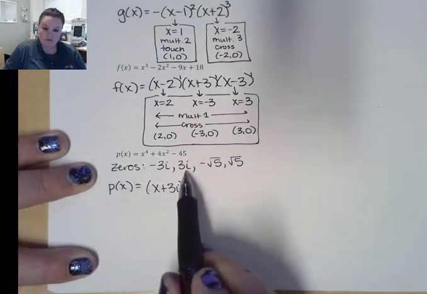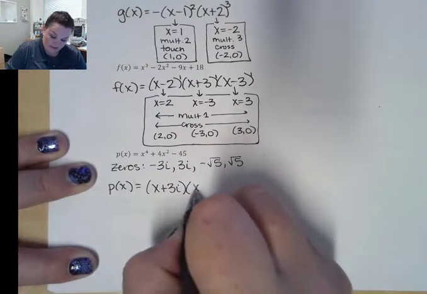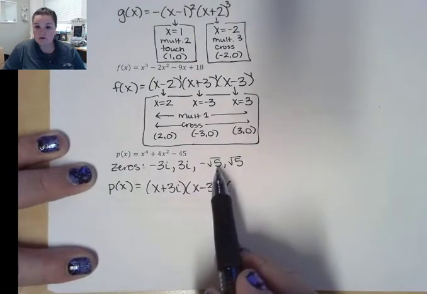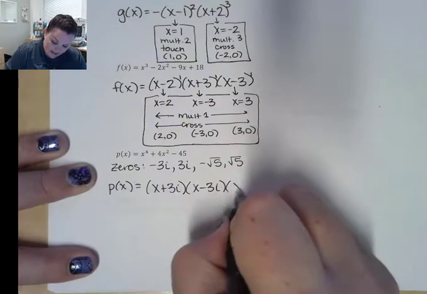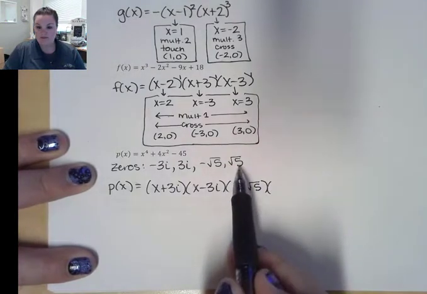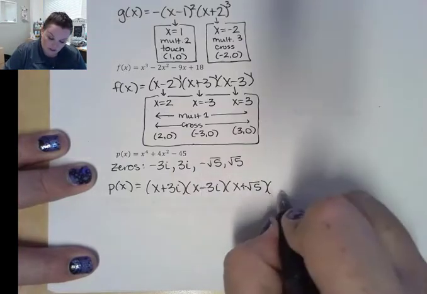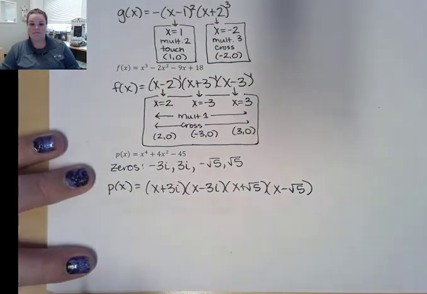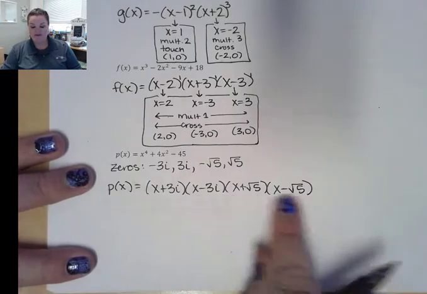If I move the next one back across, it would be x minus 3i. If I move negative square root of 5 back across, it would be x plus the square root of 5. And the last one, positive square root of 5, if I move it back across, we would have x minus the square root of 5. Okay? All right. So we have it in factored form.